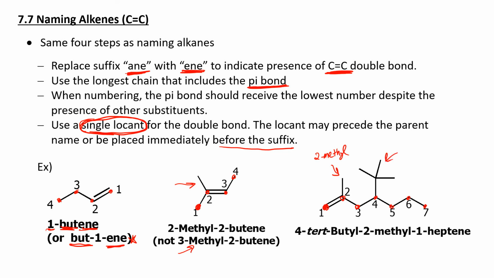And if you remember from the complex substituents, this is a 4-tert-butyl. All right, so let's put the name together. For tert-butyl, we're looking at the B, not the T. So B comes before M. So it's a 4-tert-butyl, 2-methyl, 1-heptene. You could have also said hept-1-ene.